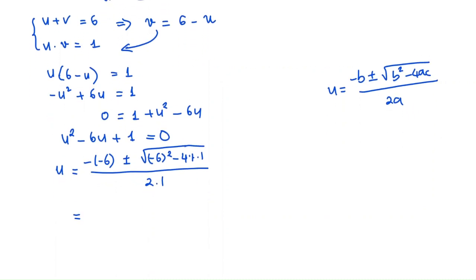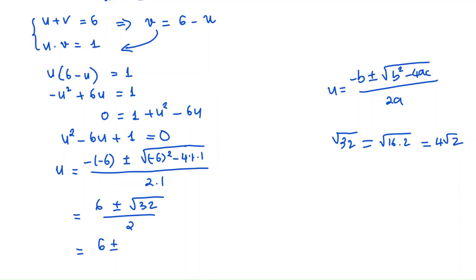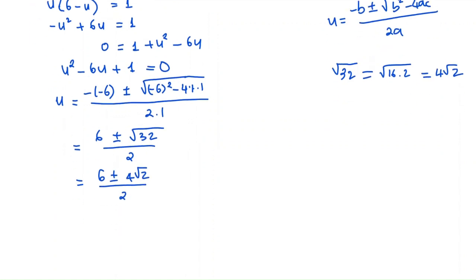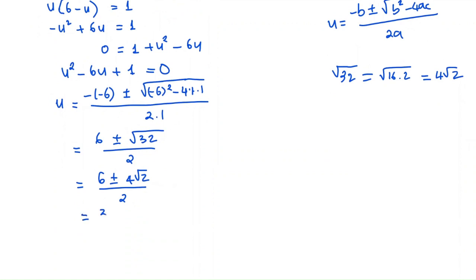This will be 6 plus or minus square root of 32 over 2. Square root of 32 is square root of 16 times 2, and this is 4 square root 2. So we would have 6 plus or minus 4 square root 2 over 2. Simplified by 2, we have 3 plus or minus 2 square root 2.